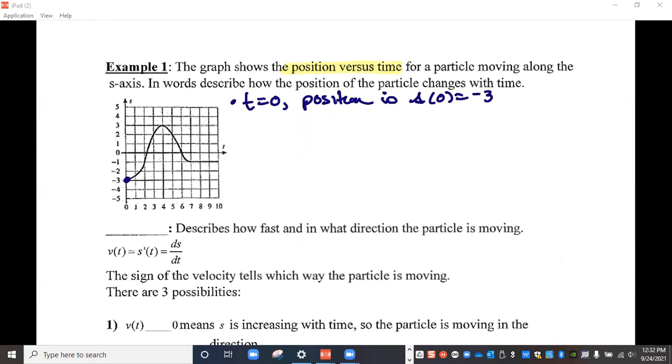As you can see from the graph, from t is equal to 0 to t is equal to 4, the graph of S is increasing.